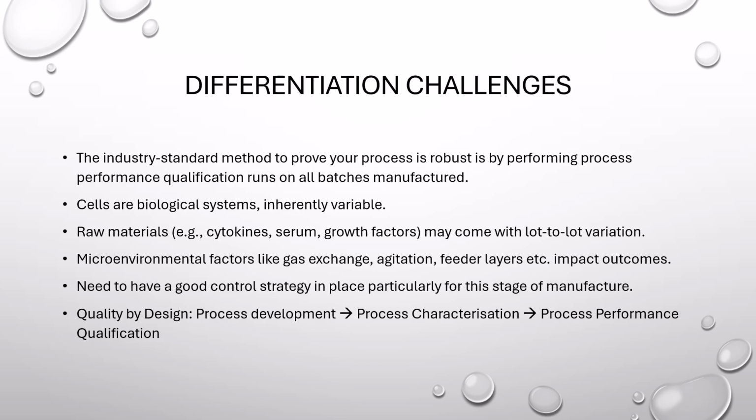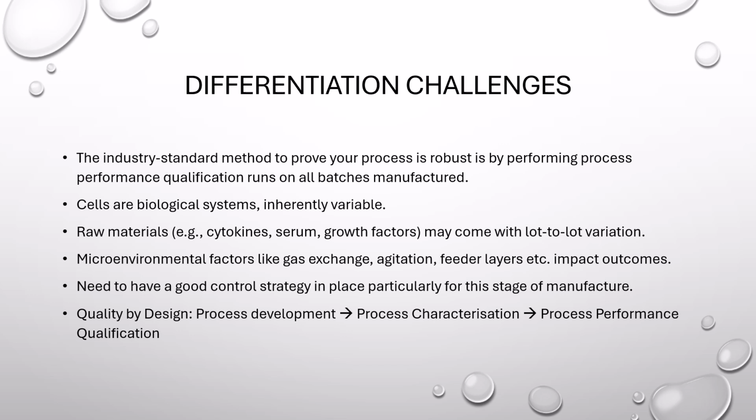So this is what I really wanted to talk about, because the biggest critical part and problems occur during, well, I see the challenges as being in the differentiation stages. Cells are biological systems, therefore they're inherently variable. As I said, you're going to get lot to lot variations even with your raw materials. Microenvironmental factors can affect the outcome of your differentiation.